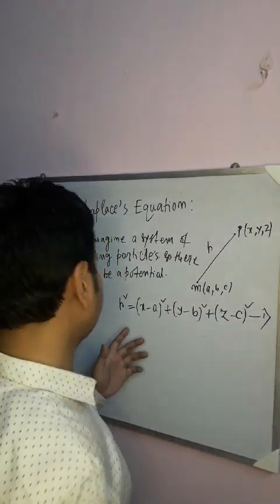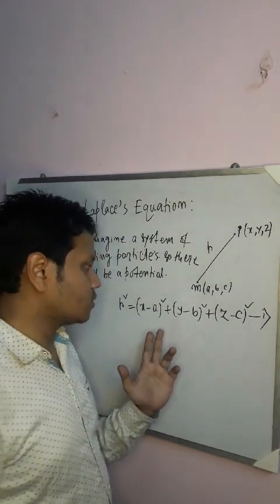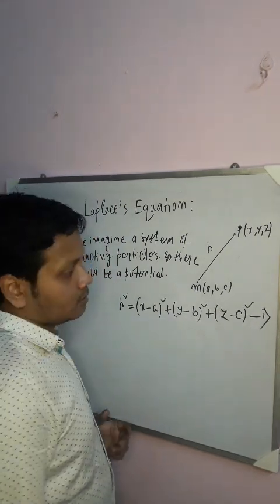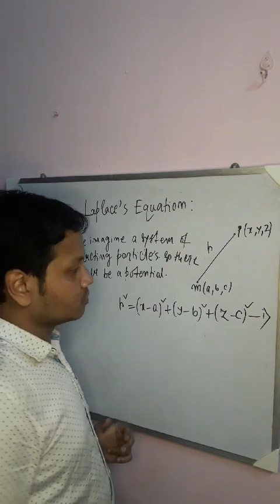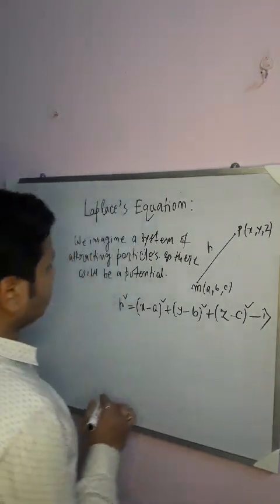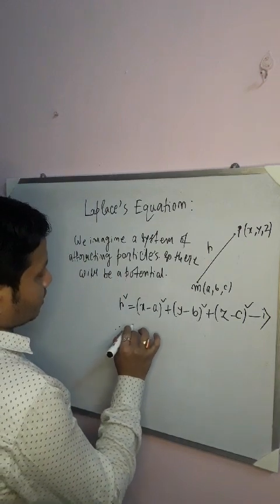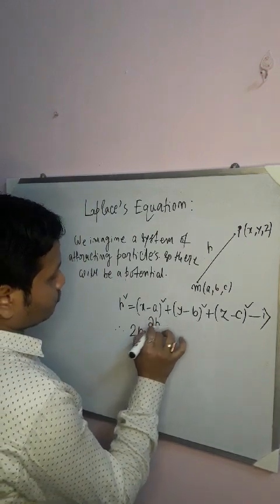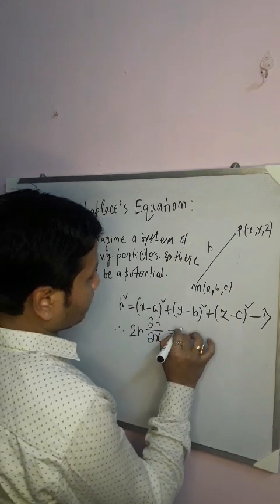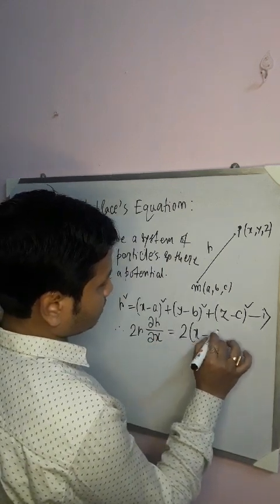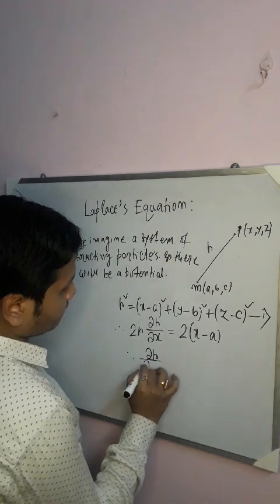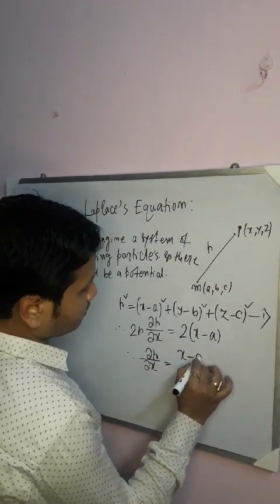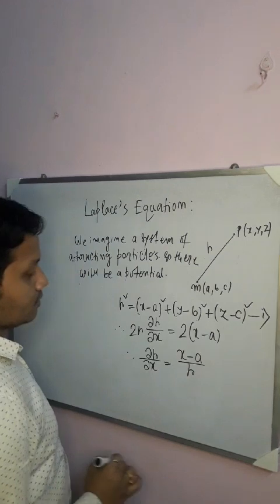r square is equal to (x minus a) whole square plus (y minus b) whole square plus (z minus c) whole square. From this we can easily write 2r del r by del x equals 2 into (x minus a), so del r by del x is simply (x minus a) by r.